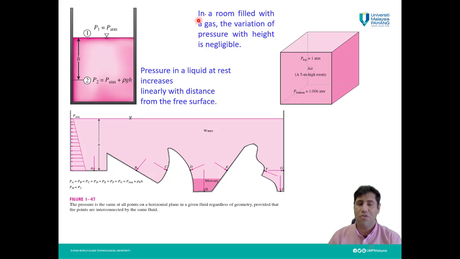But this is about greater depth. In a room filled with a gas, the variation of pressure with height is negligible. So usually in a room where we just have a gas like air, you can see here the pressure at the top near the ceiling and at the bottom, in a 5 meter high room.